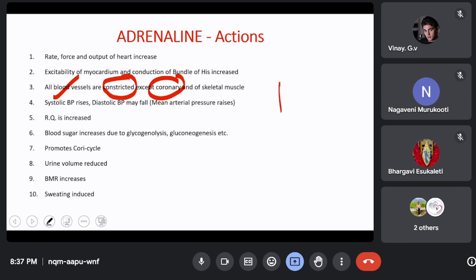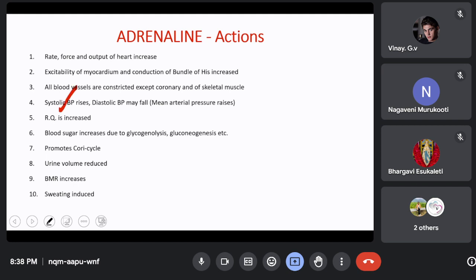Next, the third function is that it is involved in vasoconstriction of all blood vessels except the blood vessel that supplies to the heart, called the coronary blood vessel. Coronary artery is the blood vessel that supplies blood to the heart, and those that supply to the skeletal muscles. Except these two, all other blood vessels are said to be constricted. So, because of constriction, what happens?